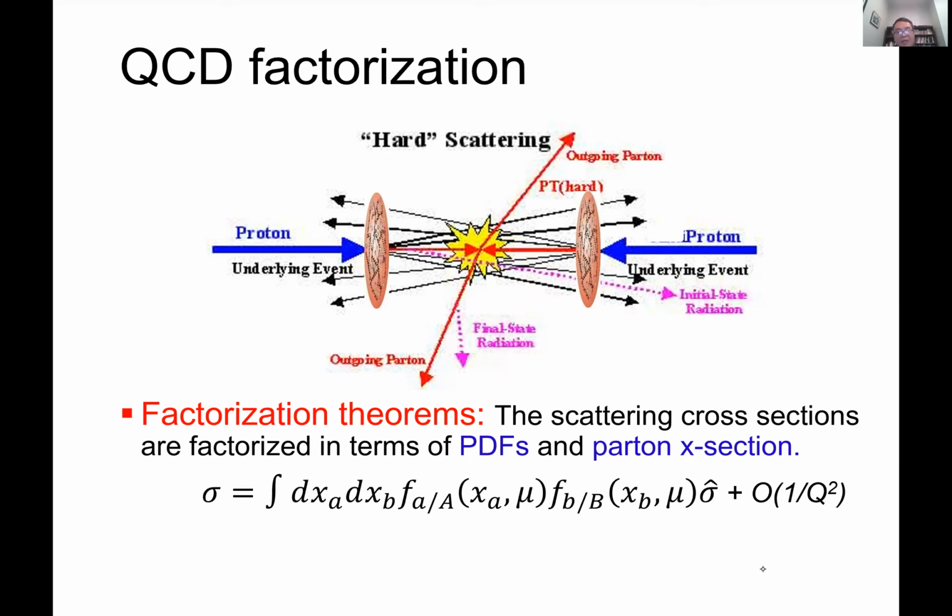And the end product is a factorization theorem. It says the cross section can be written as the integral of Parton distribution functions, those low energy constants, with calculable Parton scattering cross sections, plus higher order corrections, which you can also write down in this theory. I mean, some more low energy constants.